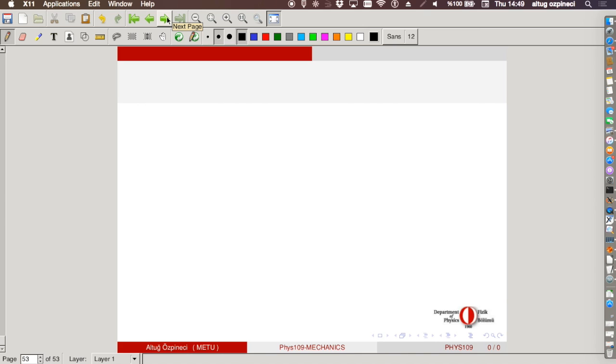So do you have any questions about vectors in general? Some questions on vectors? Always we are showing these vectors as linear.